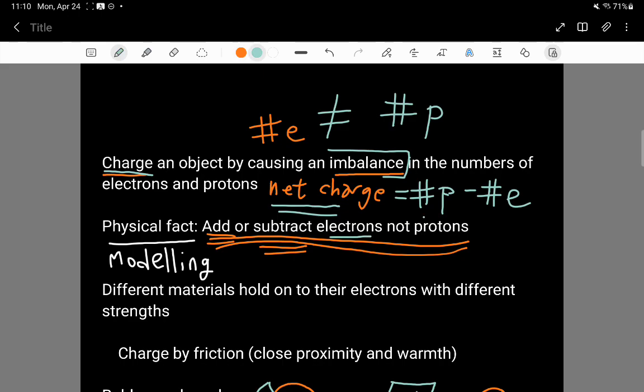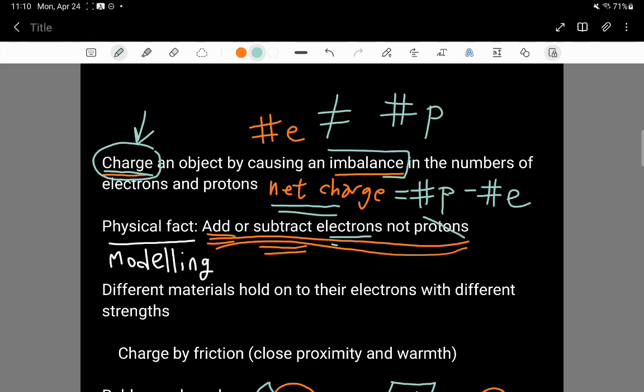You cannot move the protons. The protons, in some very real sense, are the object itself, and what we are trying to do is not change the object itself, not change the mass or the size of the object. We're actually trying to just change the charge of the object.